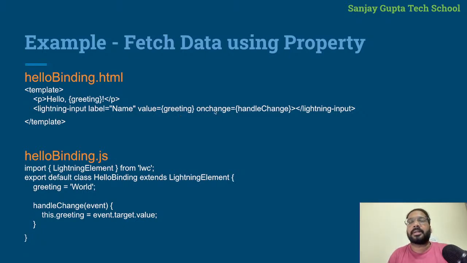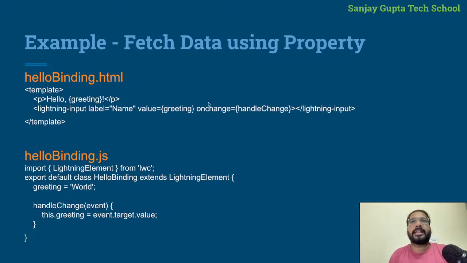And onchange is the event that we discussed in Aura as well, and handleChange is the function. This handleChange function will be defined in the JavaScript. If you change anything in the lightning-input, onchange will work and this handleChange function will be executed. Below you can see the JavaScript where the greeting property is available, with initial value world.